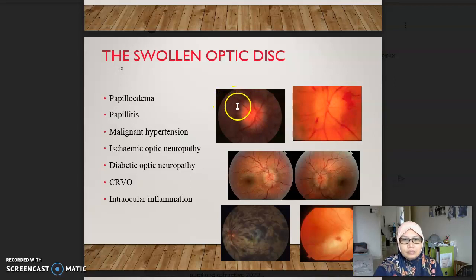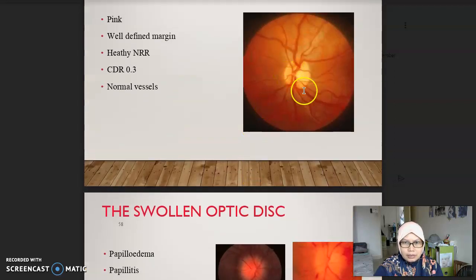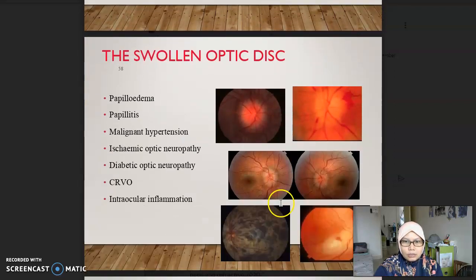And then look at this. How about this one? If you are unable to see the margin clearly, you must say that the optic disc is swollen. This one is also not clear, and you see some hemorrhages near the disc. You cannot see the cup.